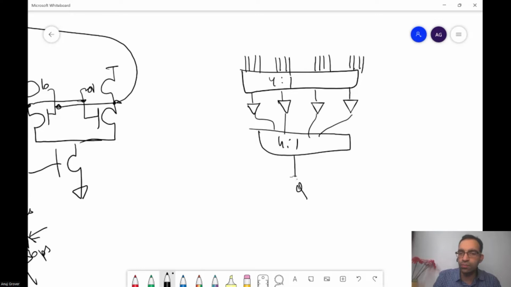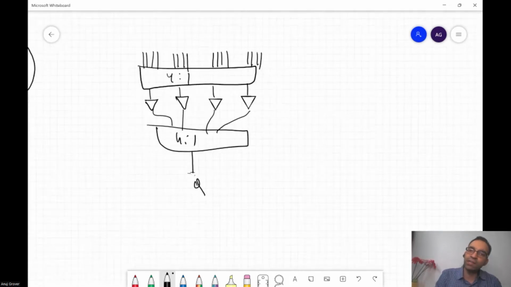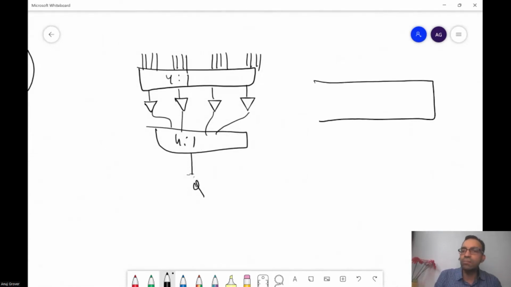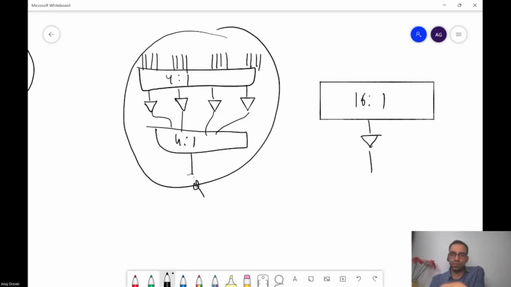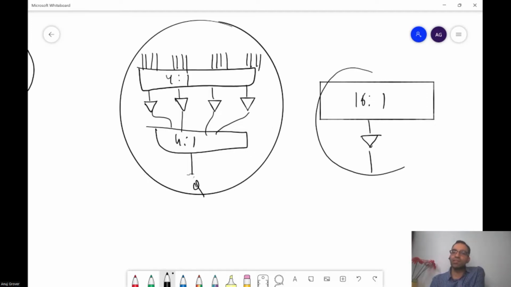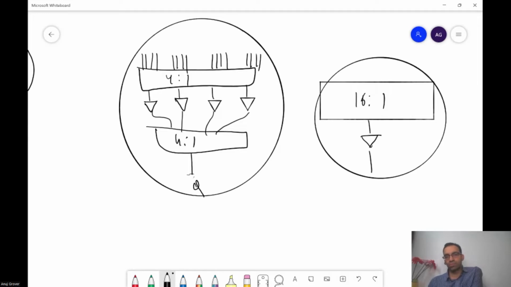That could be one architecture, or you could say, okay, I will implement the entire 16:1 in one go, and then put a sense amplifier later. Typically for high-speed designs, this is what you would do. For high-density designs, this is what you would do. Okay, clear?